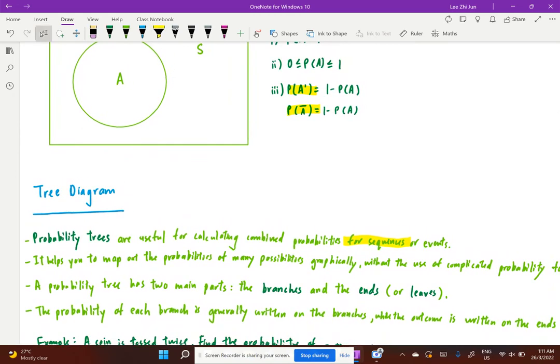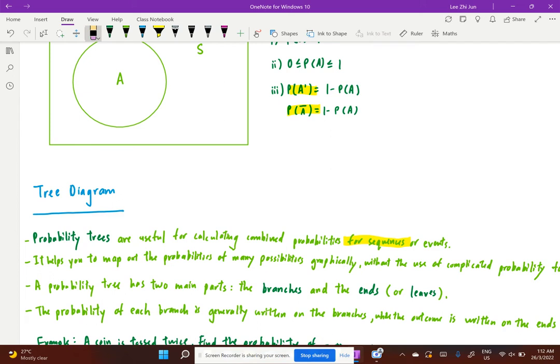Like just now in chapter 7, calculating the number of ways, like 3 times 2 times 2 times 2, including the sequence. So for this I use the tree diagram also.